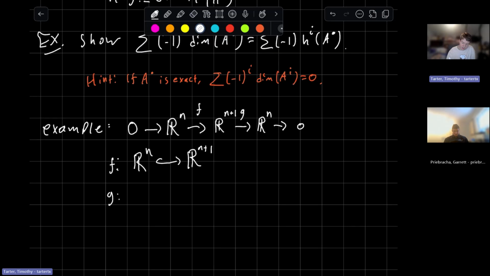And then g from R^(n+1) into R^n is the projection map with kernel g equal to R^n.